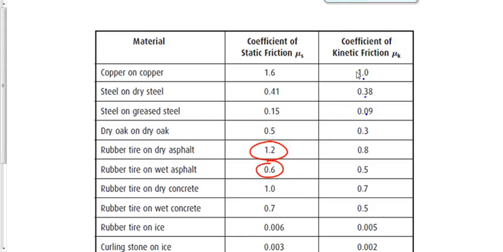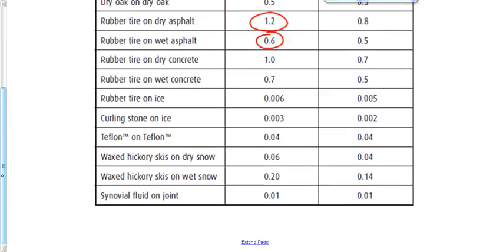Sorry, one more that I wanted to mention to you. You guys know what synovial fluid is? Yeah? What's synovial fluid? Yeah, it's the fluid in your joints, right? If you ever have bone rubbing against bone, that's bad on a number of fronts.